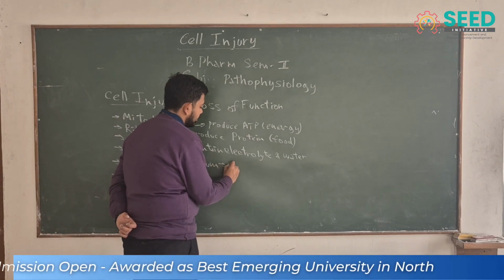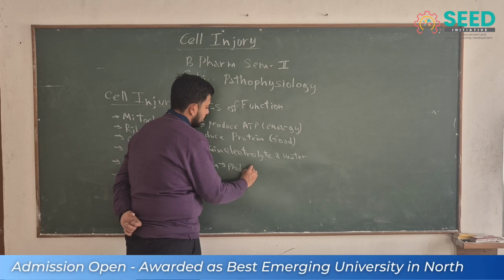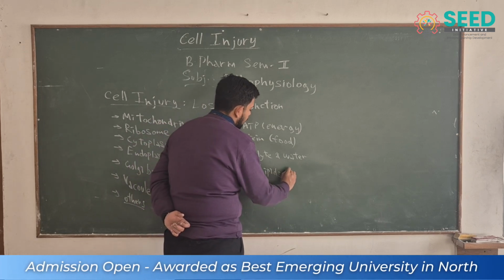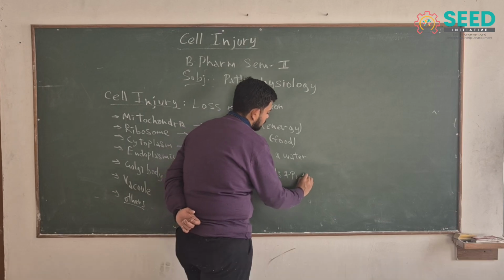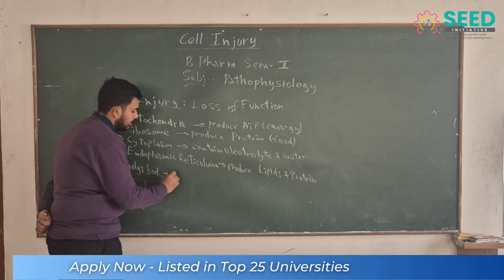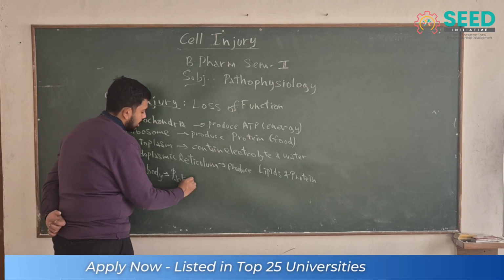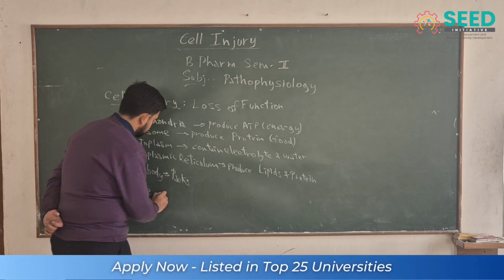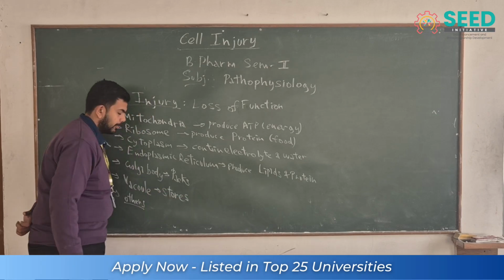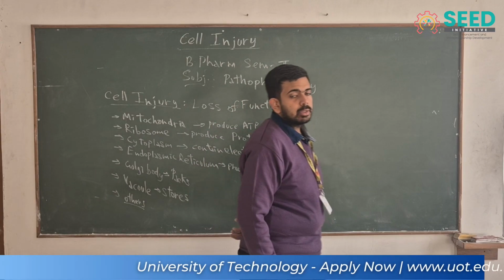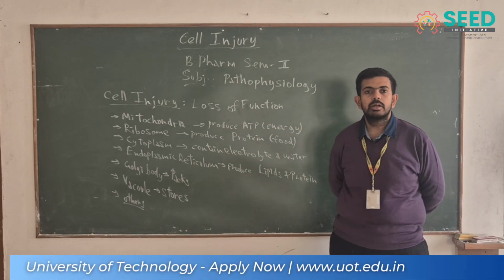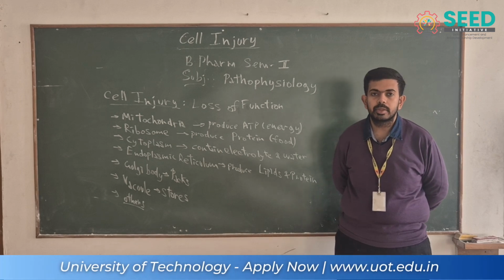Endoplasmic reticulum produces lipids and protein, which is also a food source. Golgi body packs and vacuole stores. Now, as we can see, each organelle performs a different function which is essential for the living being.